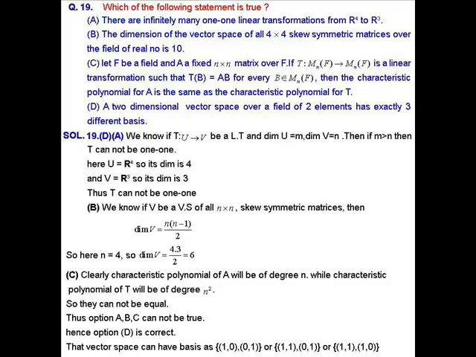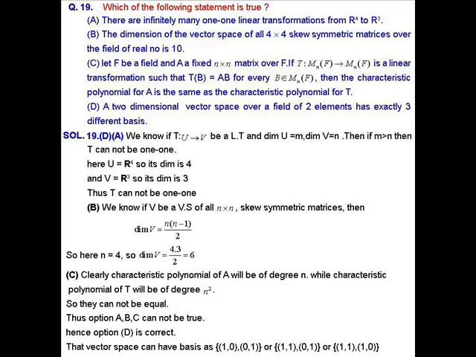So when we compute the dimension of V when n equal to 4, it is equal to 4 times 3 divided by 2, that is 6. And here we have 10. So it is a completely incorrect option. So option B is also incorrect, that is not true.